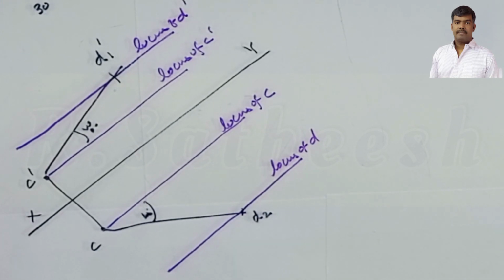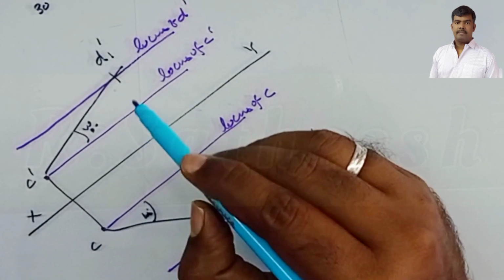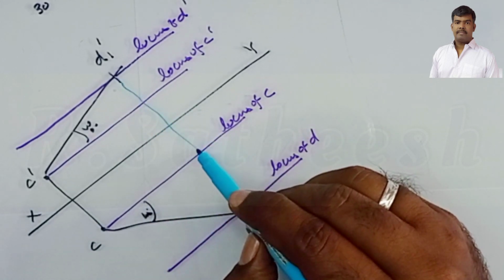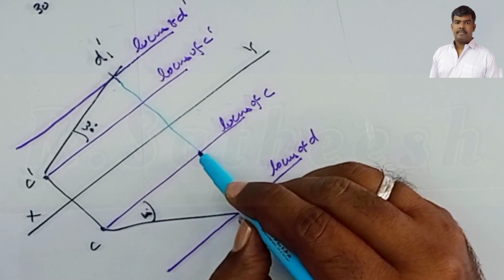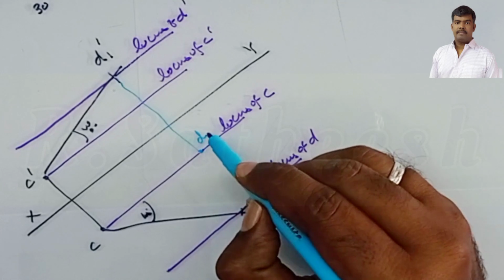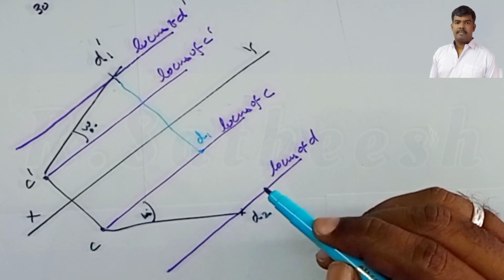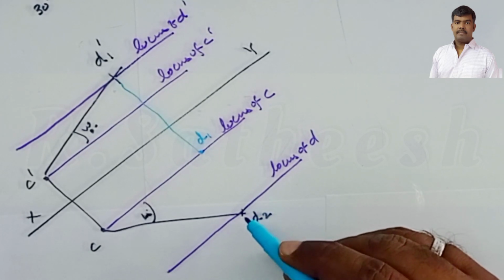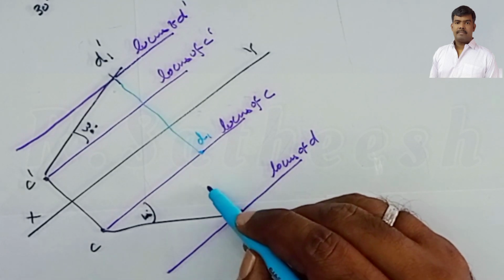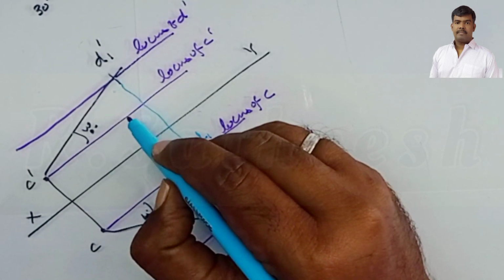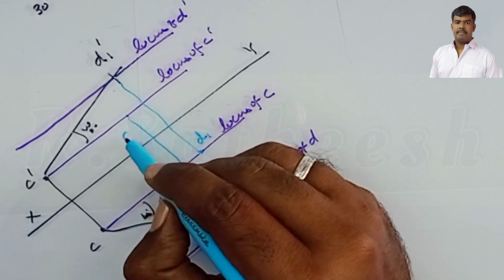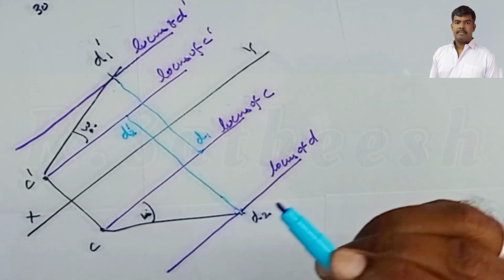Then you draw a vertical line from D1 dash up to the locus of C. This point is D1, top view, so without dash. Similarly you draw one more vertical line from D2 up to the locus of C dash, so top view D2, therefore front view D2 dash.